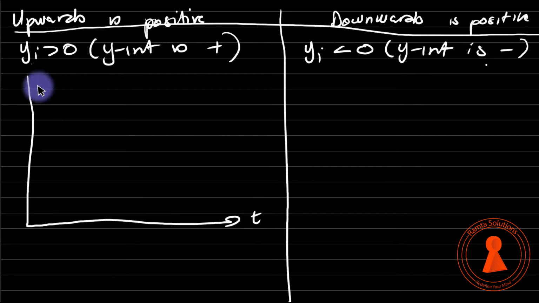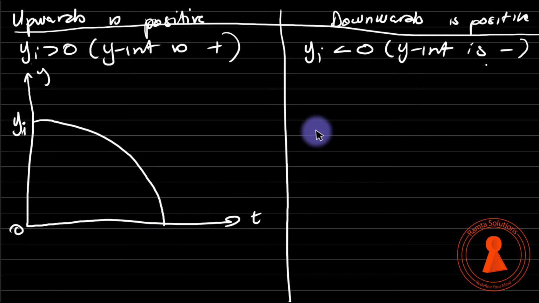This is the t-axis, this is y, so the graph will be like this. So this is y-intercept 0. This is the time where it hits the ground. Can you see now? The ground is the reference.